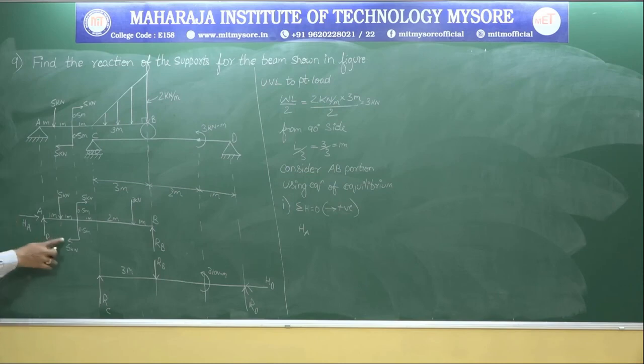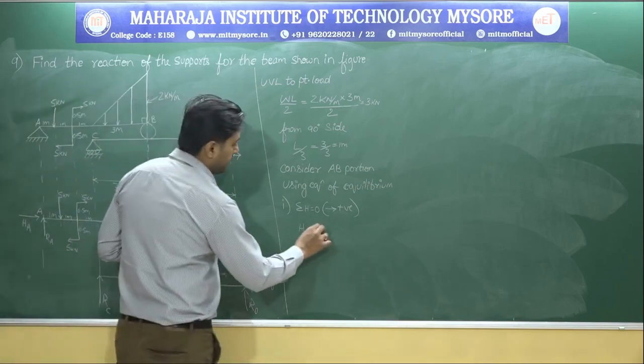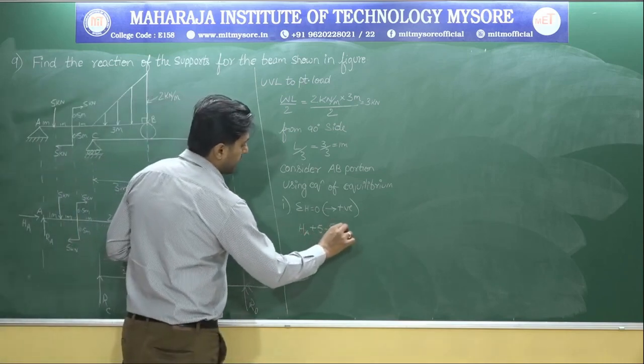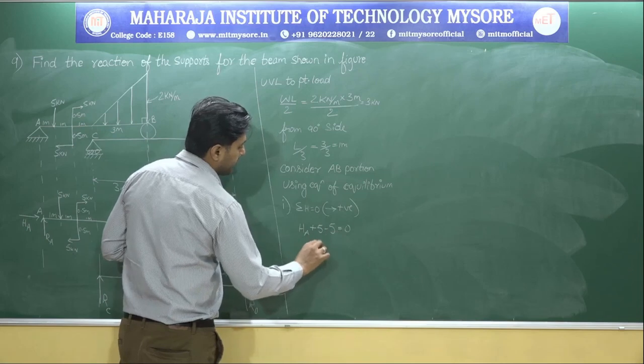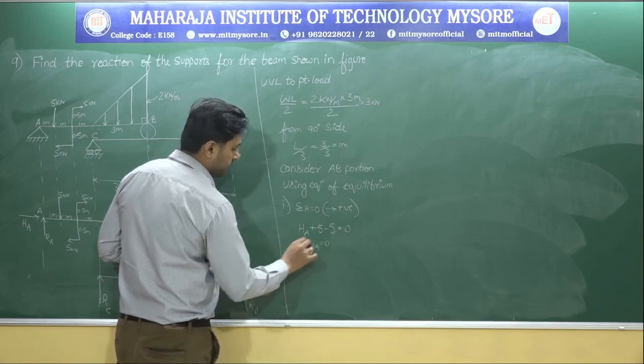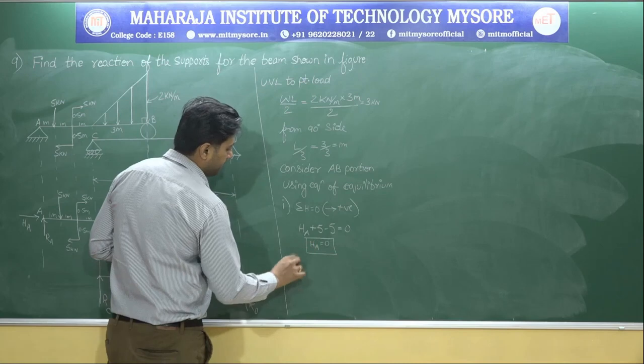So which is that? Observe here. So this 5 kilonewton, don't you think that it's horizontal and it is acting in rightward direction, so positive. So this 5 kilonewton, it is acting in leftward direction, so negative. So one is acting in positive direction and one more acting in negative direction. So don't you think that finally the HA value will be equal to 0?